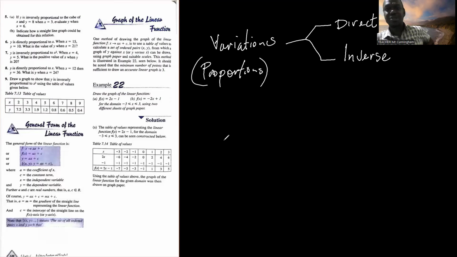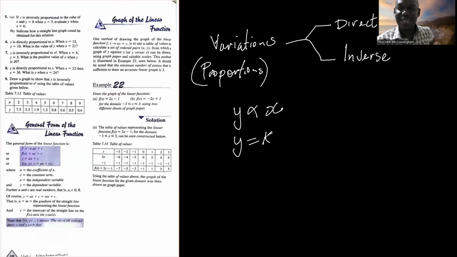Let's take into consideration: if X varies directly to Y, or Y is proportional to X, it means that Y is equal to K times X. And we said earlier, you must find K first.